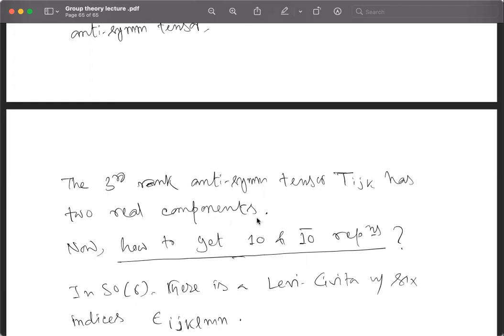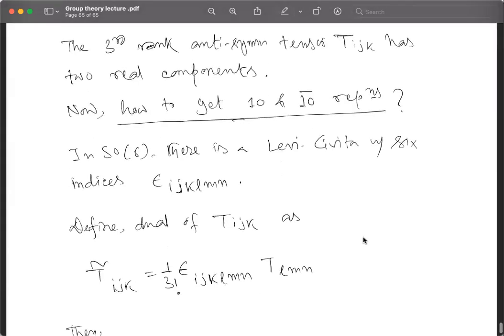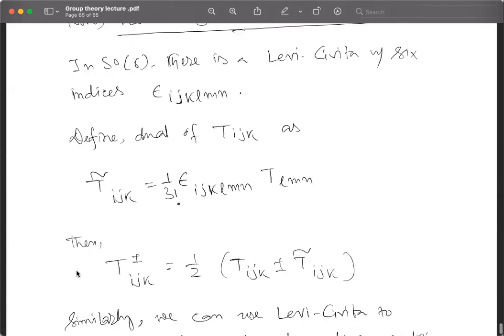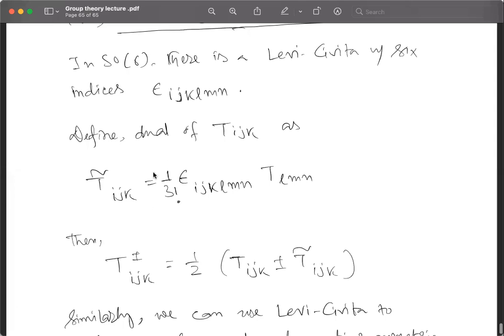So now how do we get these 10 and 10 bar representations? For that, in SO6 there is a Levi-Civita tensor with 6 indices, epsilon ijklmn. Now we can define a dual of this T ijk as T tilde ijk, with a 1 by 3 factor for normalization, epsilon ijklmn T LMN.